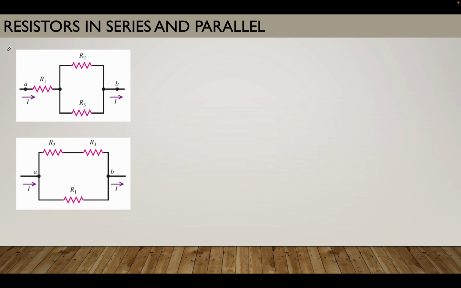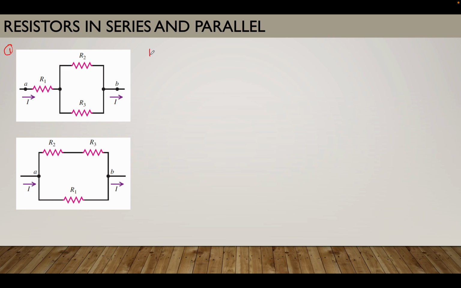Here in this first figure, let's call it figure number 1, we have R1, R2, and R3. Notice that R2 and R3 are in parallel. So to simplify this circuit, first get the equivalent resistance of R2 and R3.